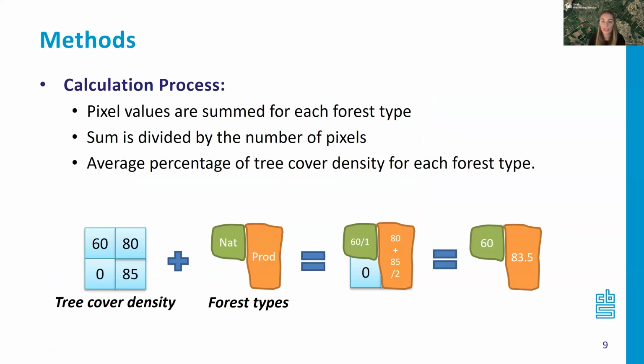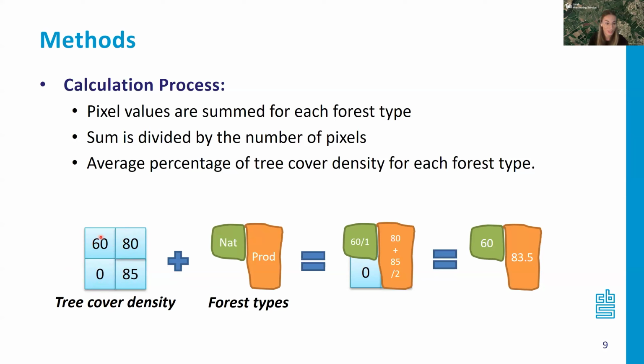So after we overlaid the ecosystem type map and the tree cover density layer, we summed the pixel values for each forest type and divided them by the number of pixels to get the average percentage of tree cover density. So I will try to explain this visually. Here we would have 4 tree cover density pixels, of which 3 actually contain forest. So that's why this one has a 0.